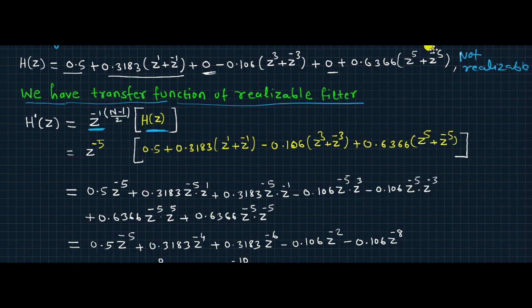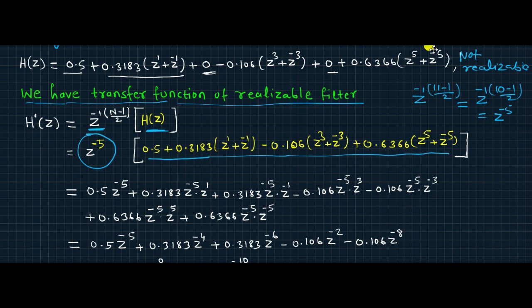Okay, what is z^-(N-1)/2? It is z^-1 into (11 minus 1) divided by 2. So this will be equal to z^-(10/2), which is equal to z^-5. Okay, and we got z^-5 here. Now we already have H(z). This is the complete H(z), and we have neglected the 0 terms.